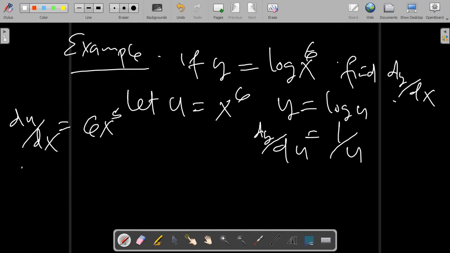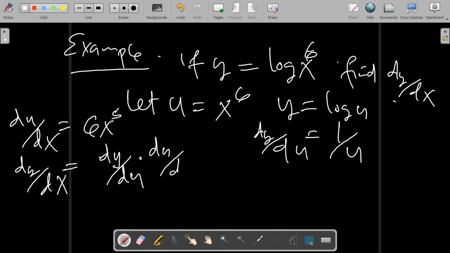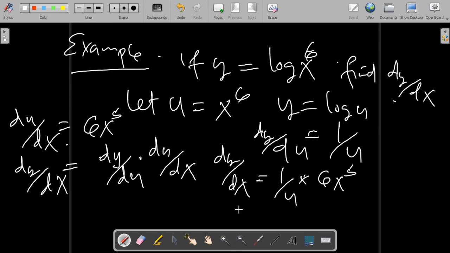From our formula, dy over dx is equal to dy over du times du over dx. So dy over dx will be equal to 1 over u times du over dx, which is equal to 6x raised to the power 5. Since our u is equal to x raised to the power of 6, let's plug in u here.